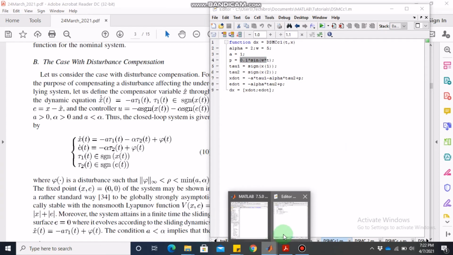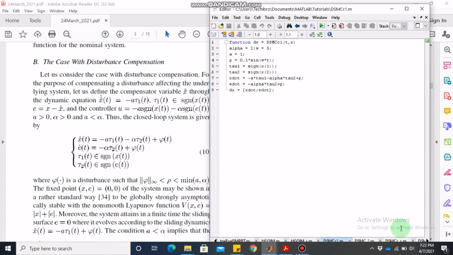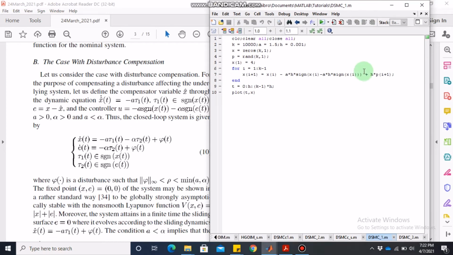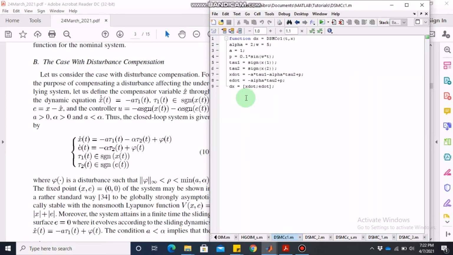The results are quite good, but this is for a change, these are not the discrete ones, these are the continuous time. So this is continuous time dynamics, equation 10 here, and it has been run using this file.